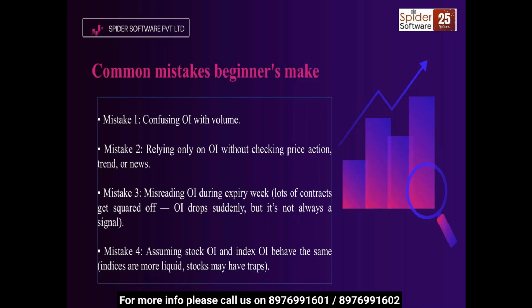So we'll see the common mistakes which beginners make during trading or on their journey. The first mistake would be confusing OI with volume. At the start of the session we asked a question about whether volume and OI are one and the same, and most of the attendees voted for no. So you have a clear understanding that OI and volume are not the same.